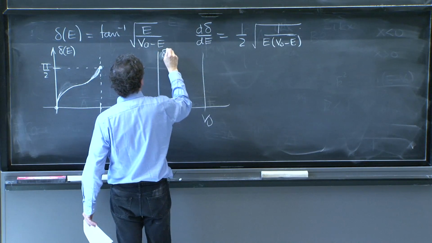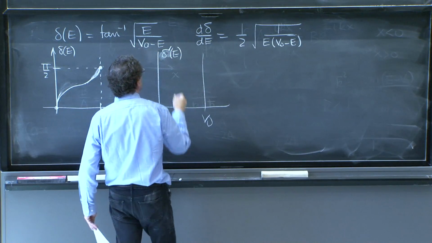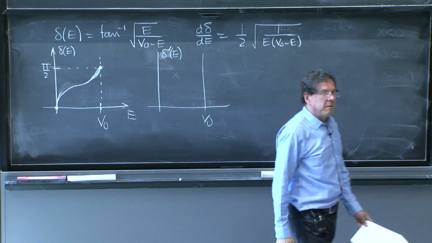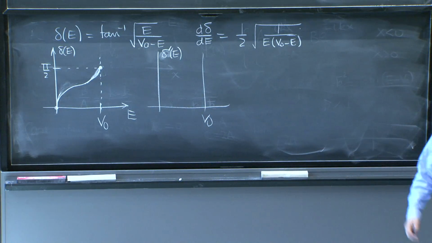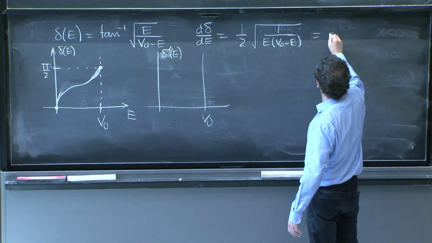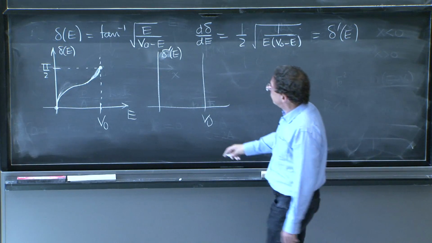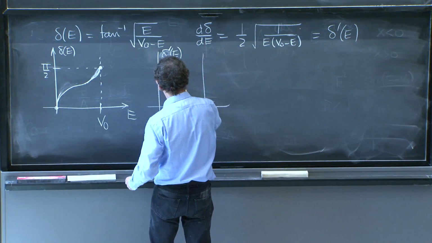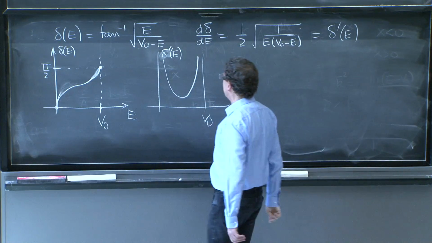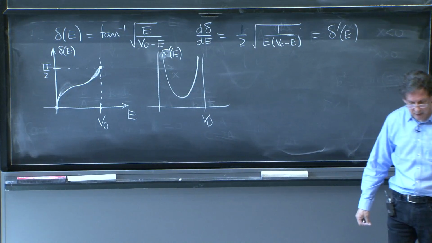We could call it delta prime of E because we wrote the phase shift as a function of the energy. So d delta dE is really delta prime of E. It goes infinite, goes to a minimum, and is infinite again in that direction. That's how it behaves.